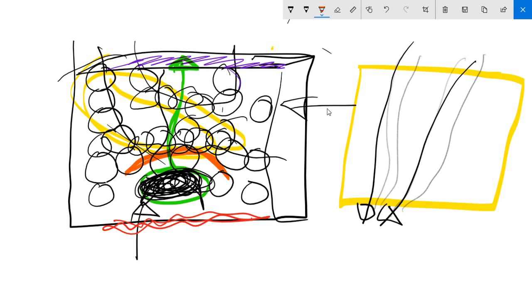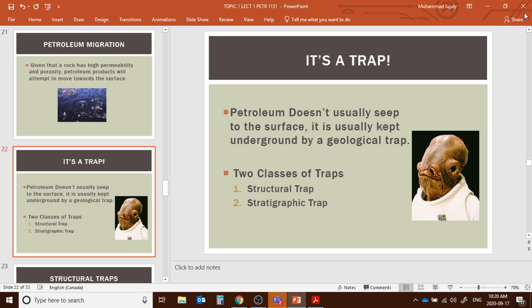The geological formation that trapped the petroleum inside, what is the name of that? The name is the trap.